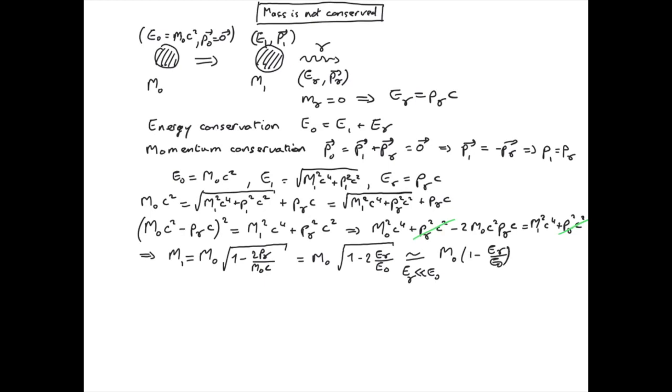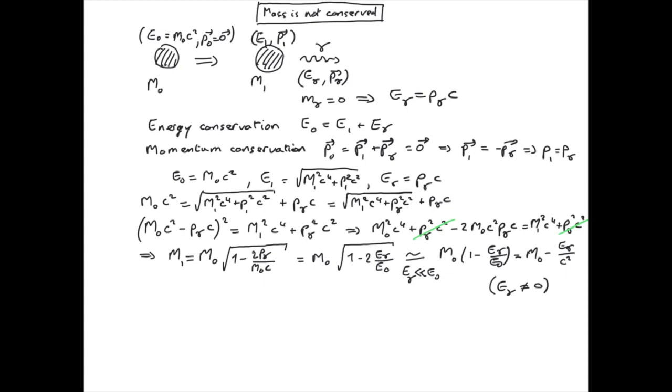And replacing E0 by M0 c squared, we see that the difference of mass is just the energy of the photon divided by c squared. And the energy of the photon cannot be 0, because a photon with 0 energy is simply no photon at all.